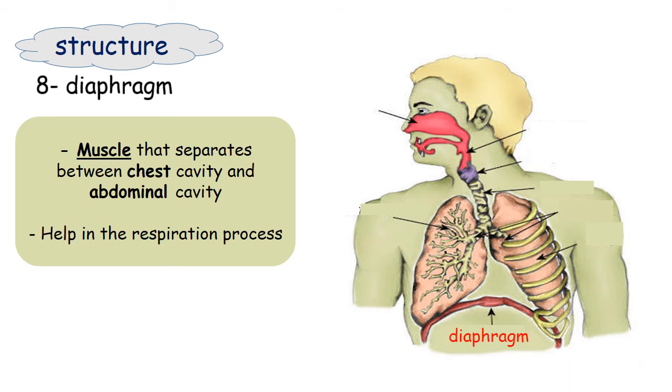Diaphragm is a muscle that separates the chest cavity and the abdominal cavity. So, the diaphragm separates between the digestive system and the respiratory system. The diaphragm helps in the respiration process.